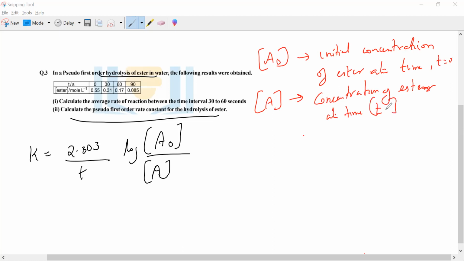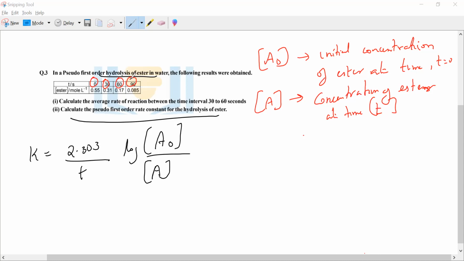So here we have times 0, 30, 60, 90. Correct. So 0 anyway is not required for us. So what is at 0? 0.55 is the answer. Correct. The ester per mole value.